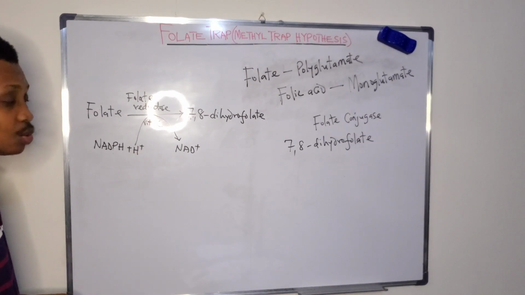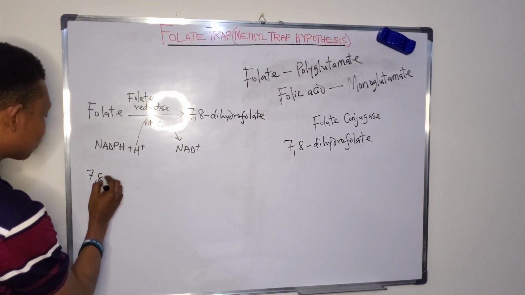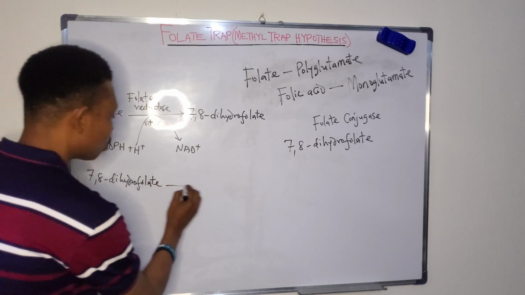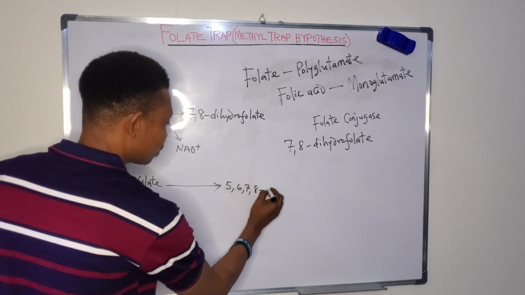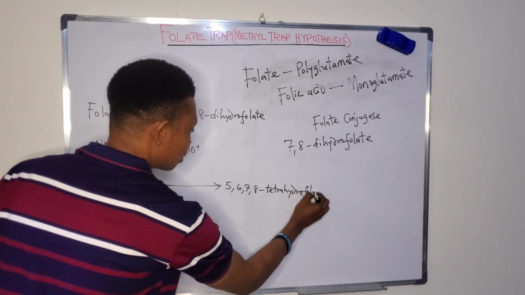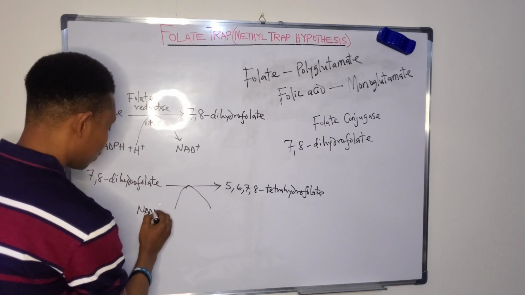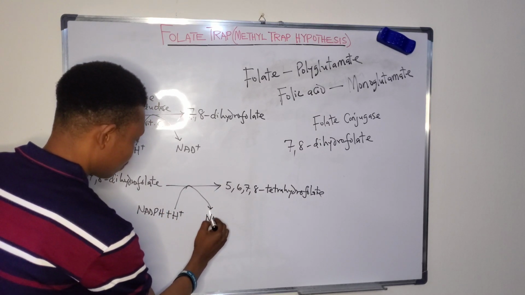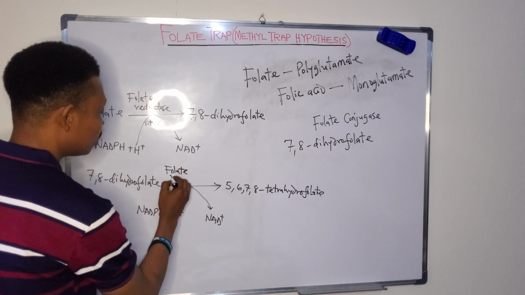Now this 7,8 dihydrofolate will also undergo a process of hydrogenation to form 5,6,7,8 tetrahydrofolate, catalyzed by folate reductase.